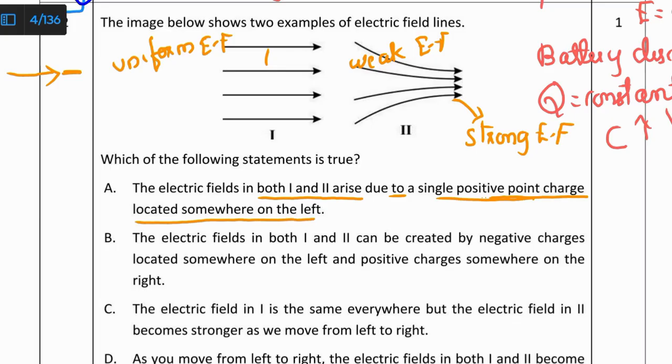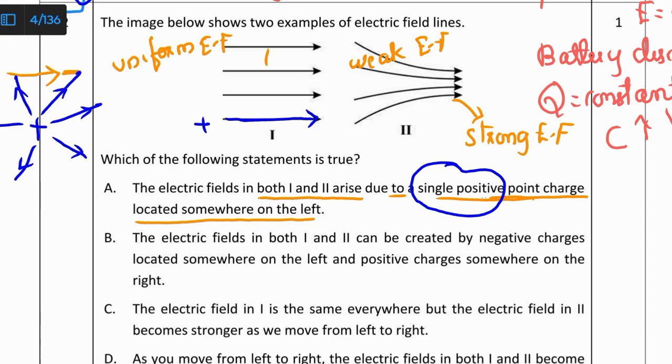Electric field lines start from positive and end in negative, but they said a single positive charge, and for a single positive charge the field lines are radially outward. Here it is not radially outward, so the first option seems wrong.